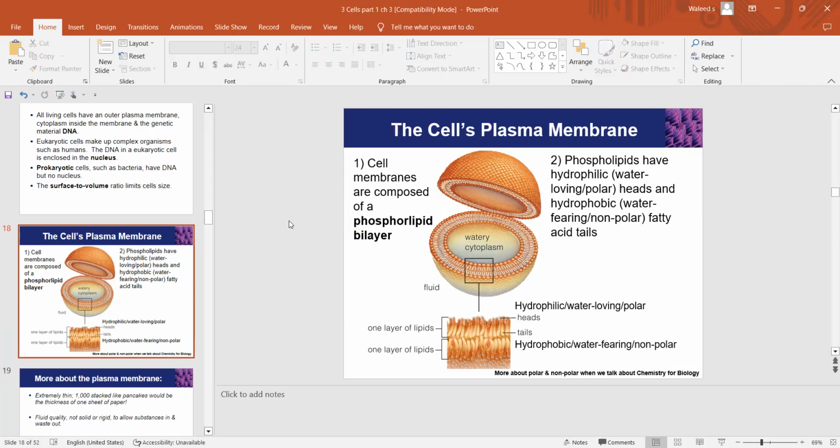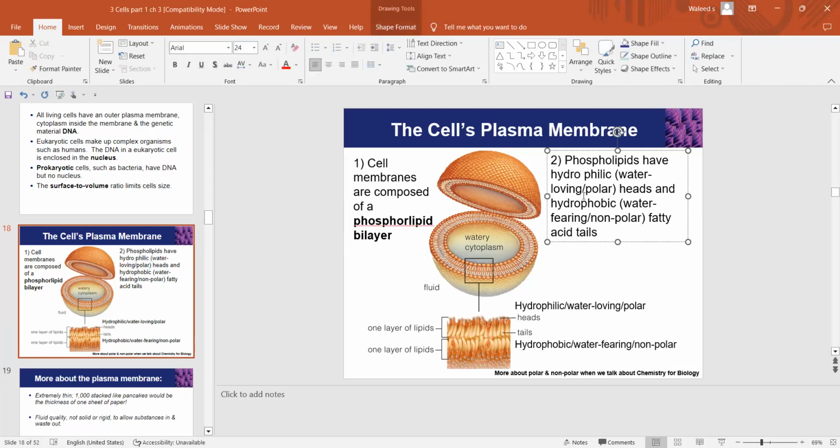Do we know hydrophilic and hydrophobic? What does it mean? Do you guys know? Hydro means water. Philic means love. Phobic means hate. Again, prefixes and suffixes. Collect them, you'll be good. Hydrophilic, love water. We also call it polar.